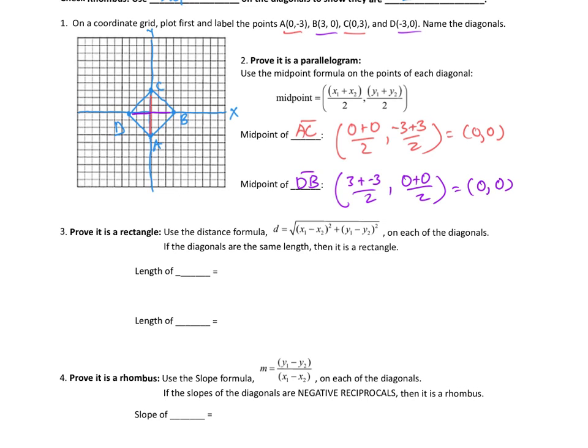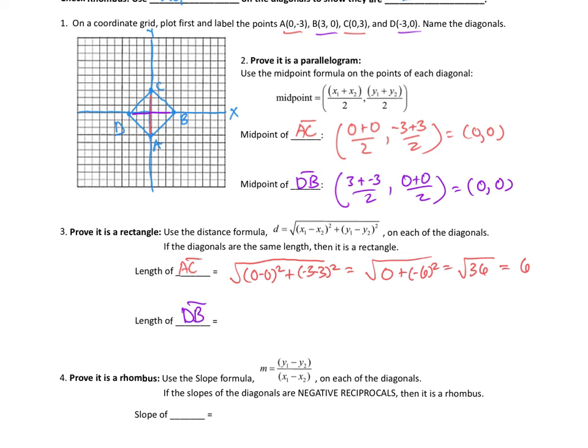To prove it is a rectangle, we have to show the lengths are the same using the distance formula. So we'll start with AC. AC has the square root of 0 minus 0 squared plus negative 3 minus 3 squared, which is 0 plus negative 6 squared, which is the square root of 36, which is just plain old 6.